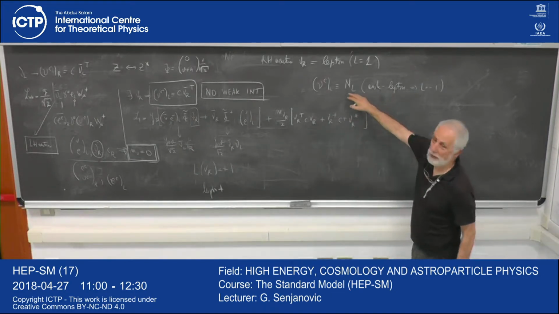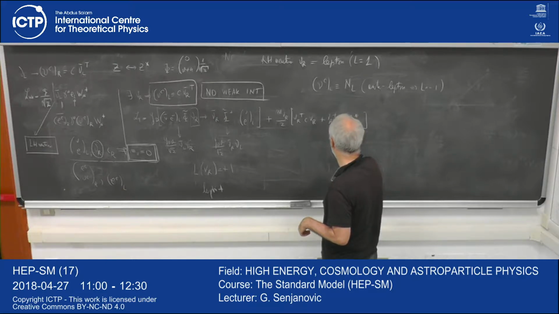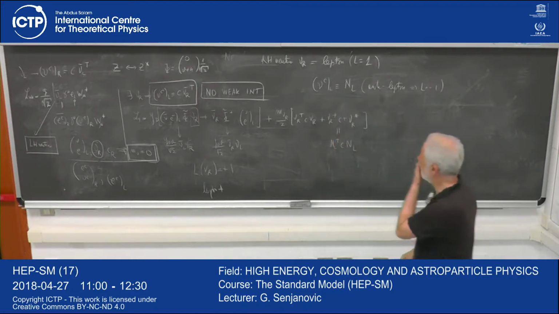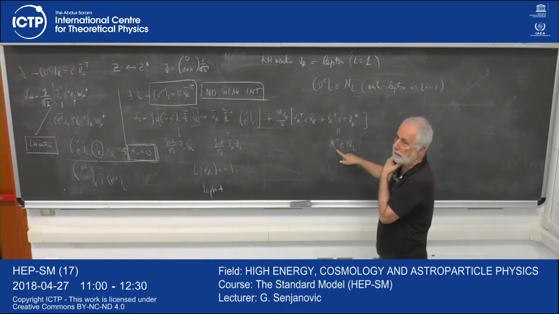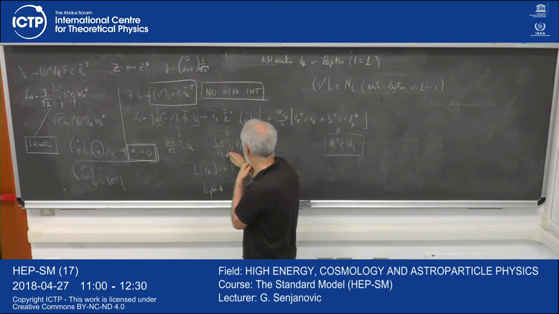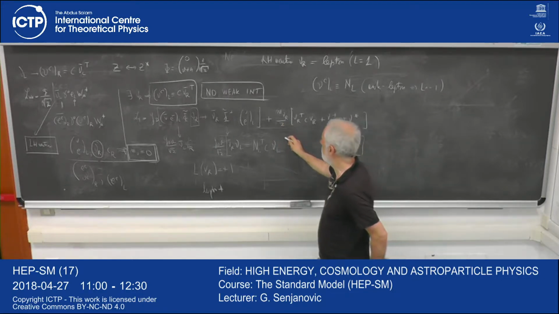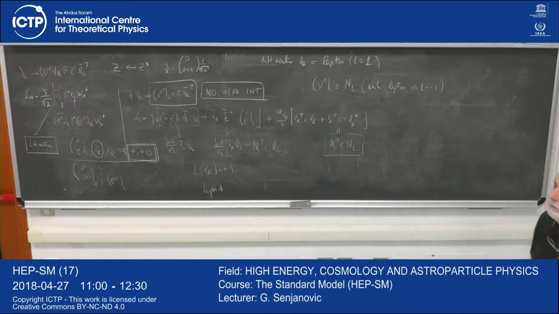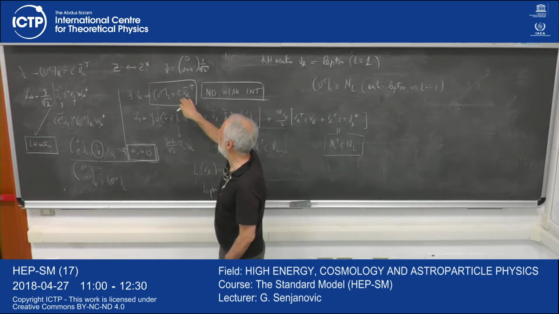So you will see that this notation is actually much more useful to us, because this then is nu L transpose C nu L. Nu R is the anti-state. And this thing here, you will show immediately, is nu L transpose C nu L, because nu L has nu R bar.